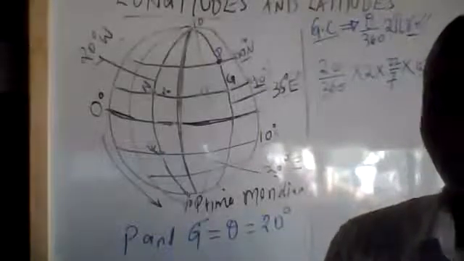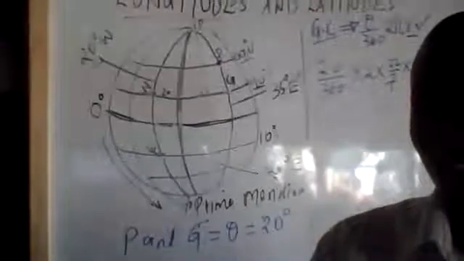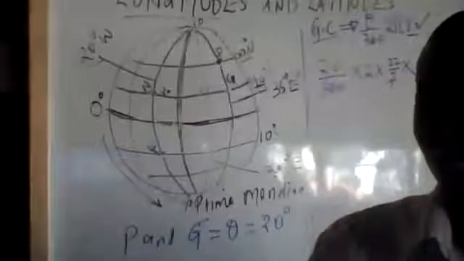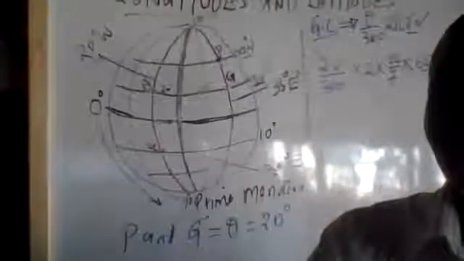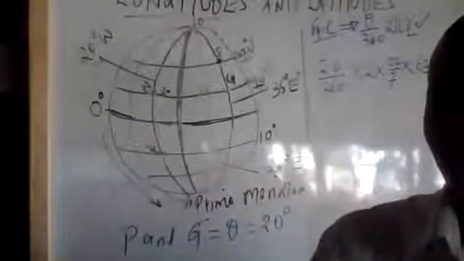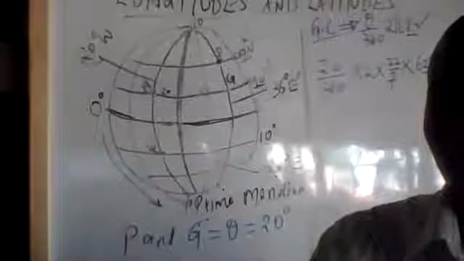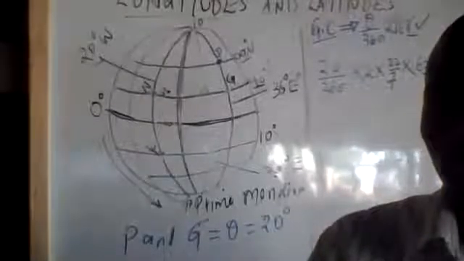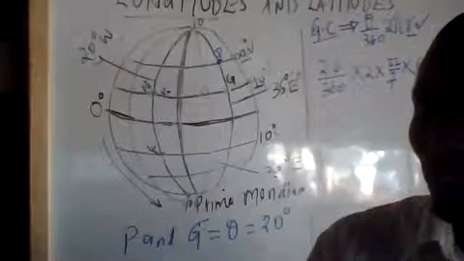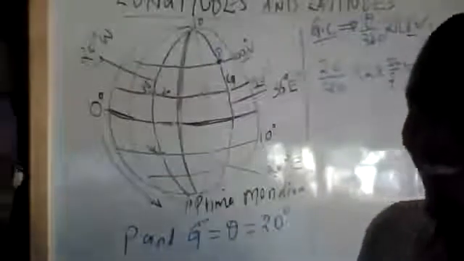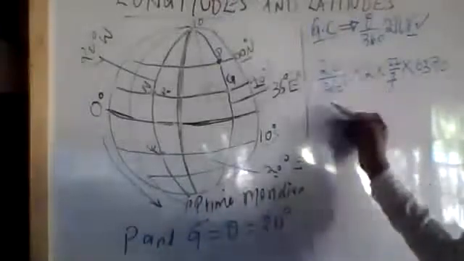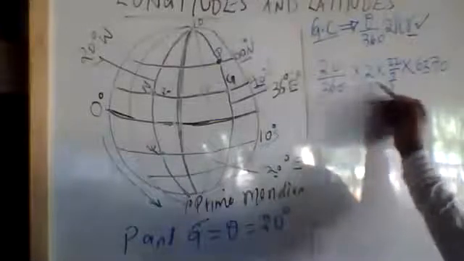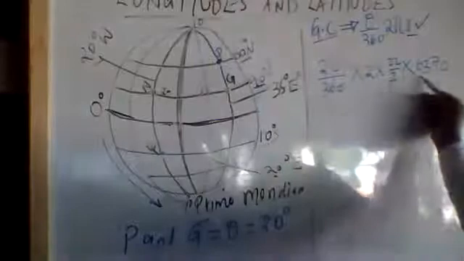Rukia? Madam? Yes? Can you hear what I've been talking about? It is 20 over 360 times 2 times 22 over 7 times 6370.